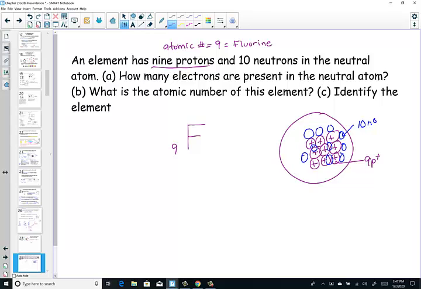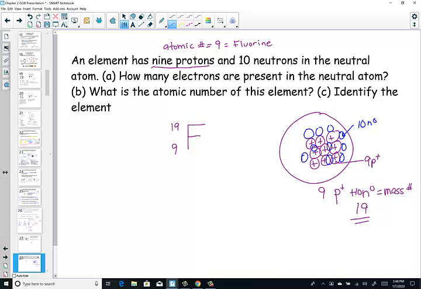How much does that nucleus weigh? So the particles add together. If we had 9 positive protons and 10 neutral neutrons, the mass number, the total number of particles in the nucleus, is 19, and the mass number goes as a superscript to the left of the symbol.